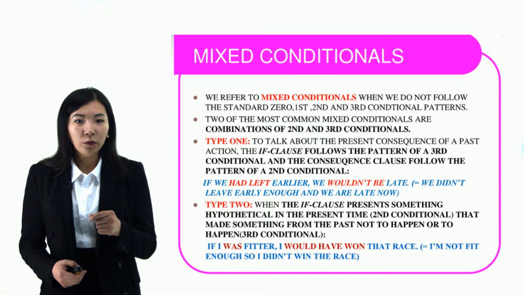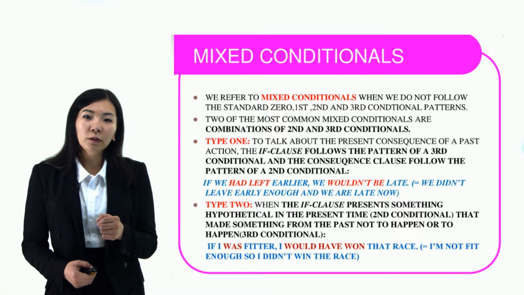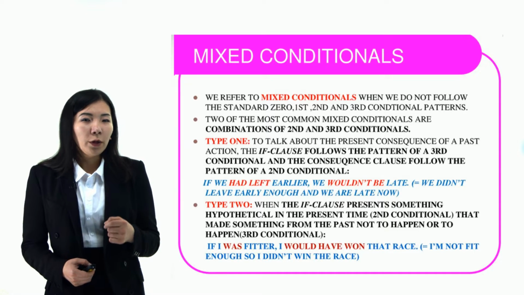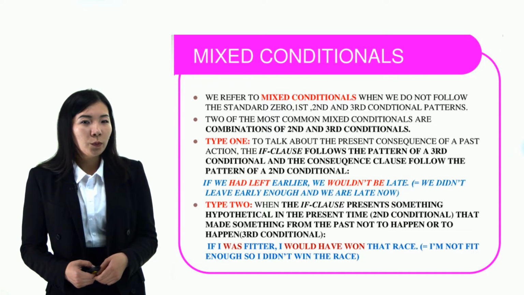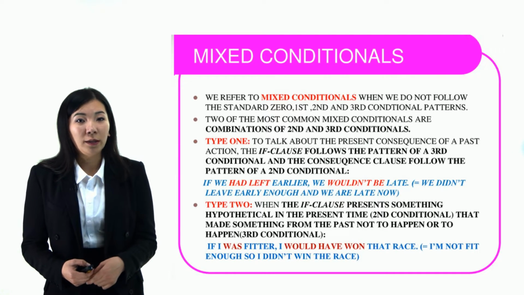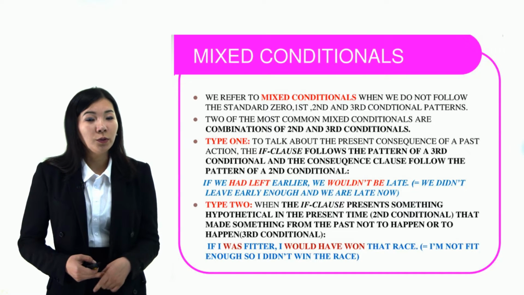The if clause follows the pattern of the third conditional, and the consequence clause follows the pattern of the second conditional. If we had left earlier, we wouldn't be late. So, we didn't leave early enough and we are late now. Type 2.